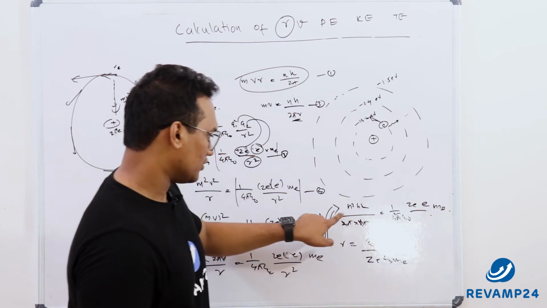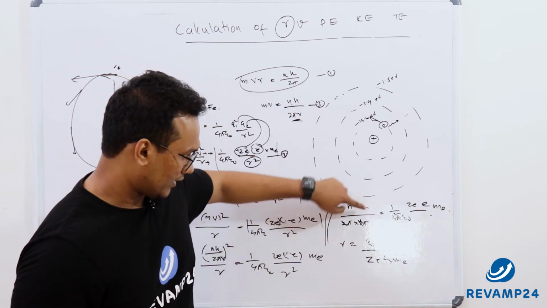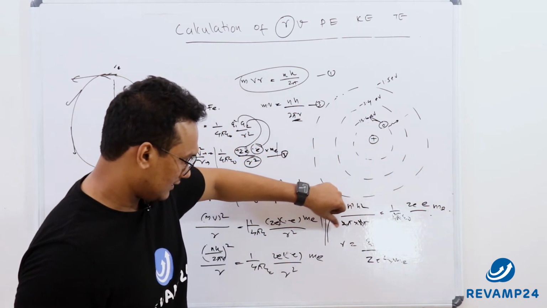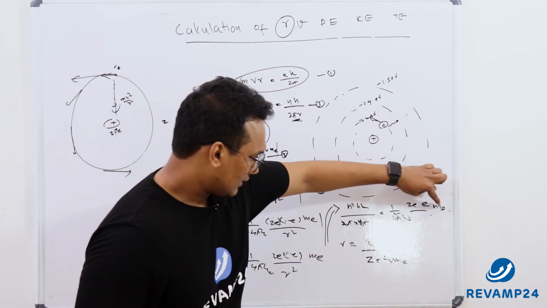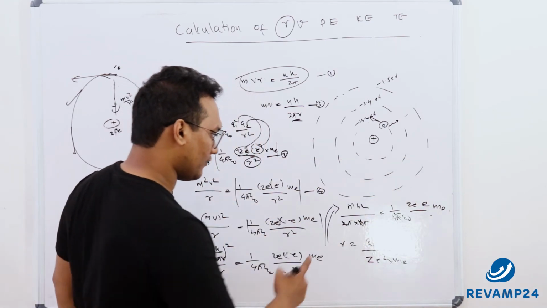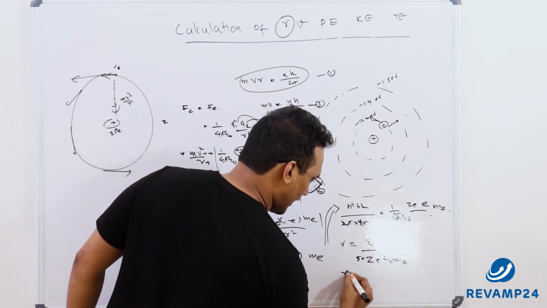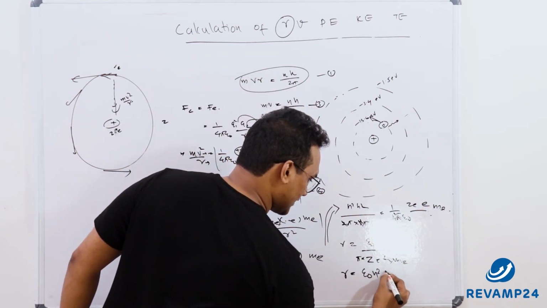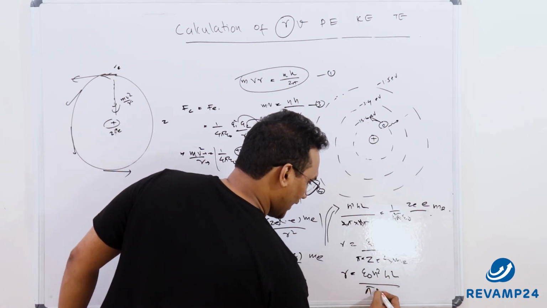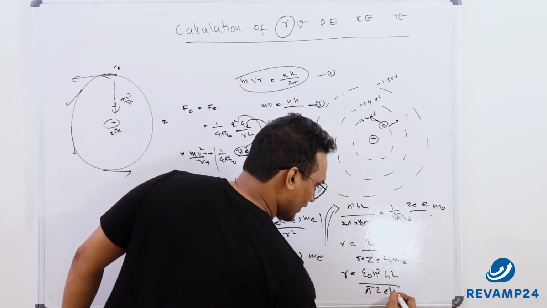So I have epsilon 0 n square h square, I have taken z e square here, me also I have taken here, and I have one more pi. So what is the value now? r is equal to epsilon 0 n square h square divided by pi z e square into me.